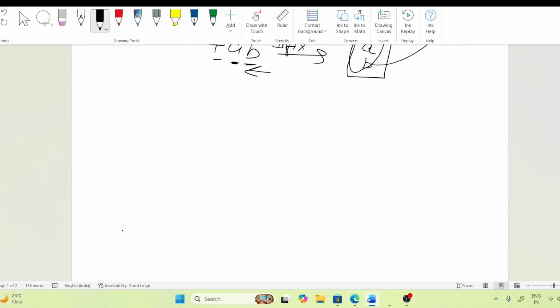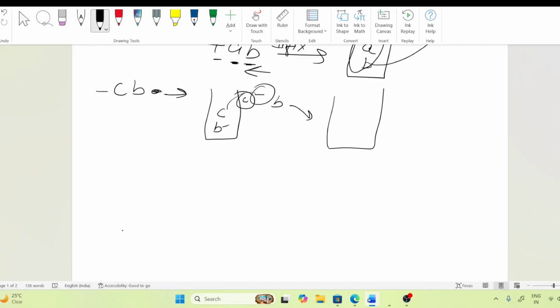Let's suppose it is written to you like this, minus with C and B. इसको आपको change करना है. स्टैक बनाएंगे तो बी आएगा, उसके बाद सी आएगा, जैसे ही कोई ऑपरेटर आएगा, तो इसको बाहर निकाल के यहाँ लिख लेना, और वापस स्टैक में enter कर देना. स्टैक में लिखोगे C minus B. ठीक है. So always start from this side.